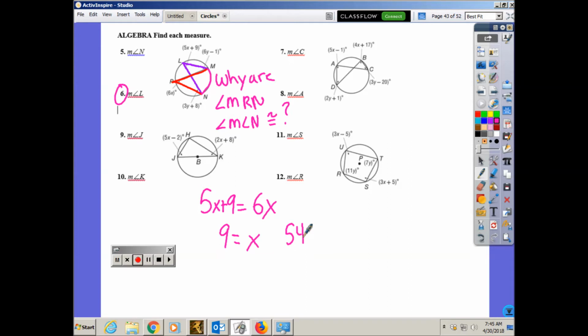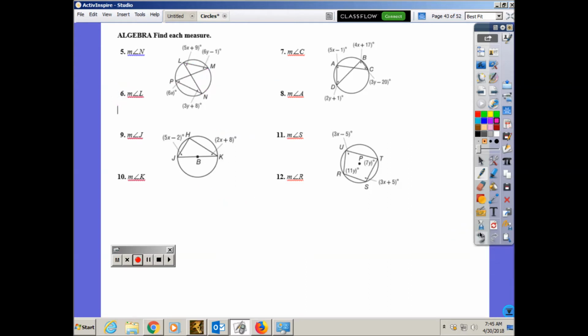You could do the same thing to find angle N. So for angle N, I can see that PNL and LMP are going to be congruent. So y would equal 3. I can plug that back in. 3 times 3 is 9, plus 8 is 17. And I have the measure of angle N.